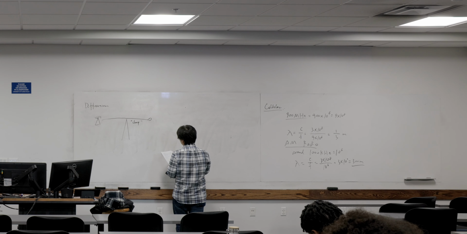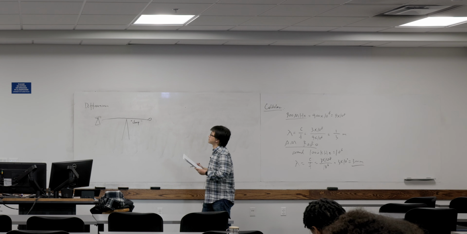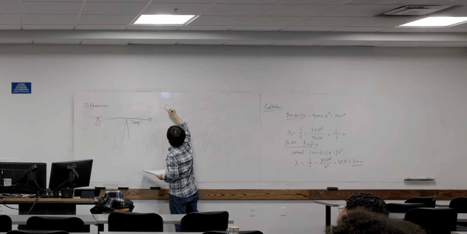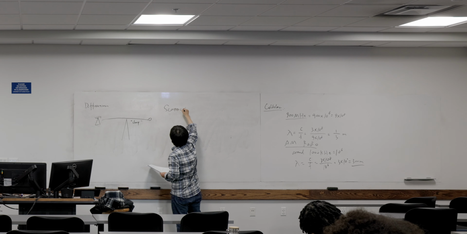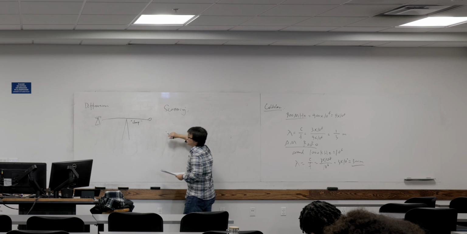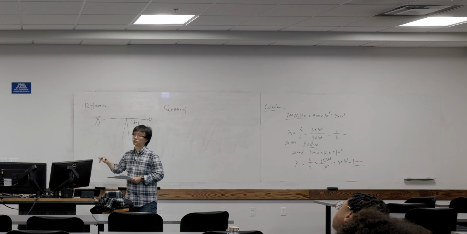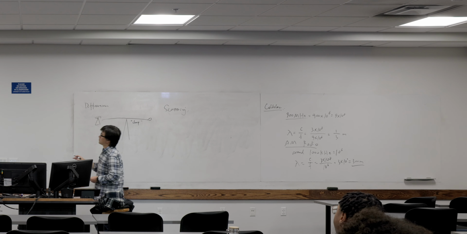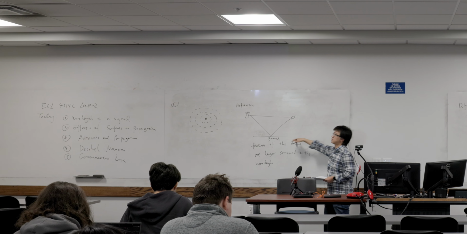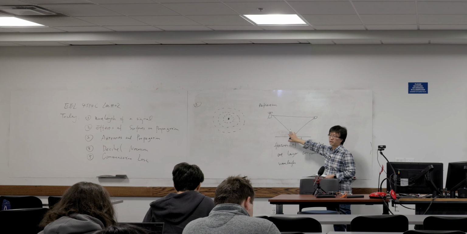The last one is scattering. Scattering is the opposite of reflection. Let's say the ground is not smooth, and there are a lot of things going on here.